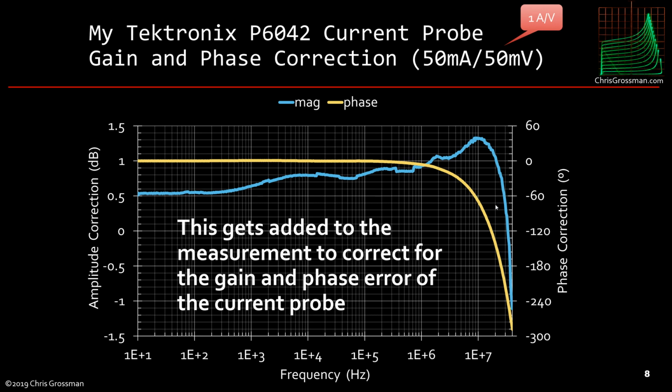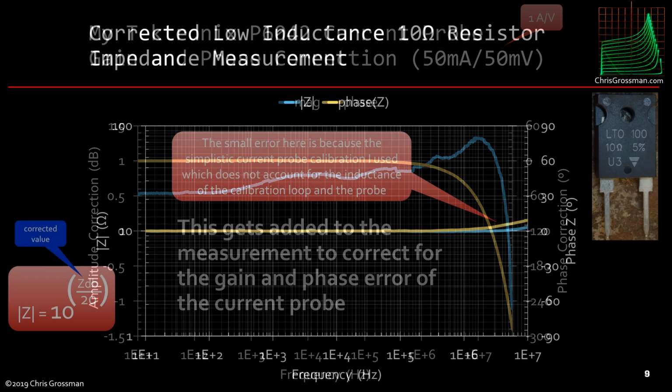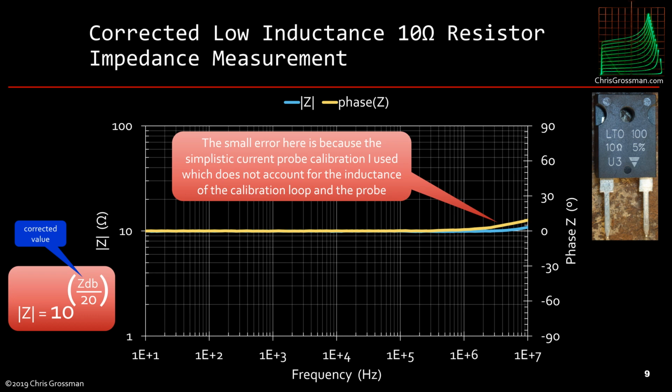So now I take this and I add it to the magnitude and phase of what I measured for the resistor, and lo and behold, it comes out exactly 10 ohms.